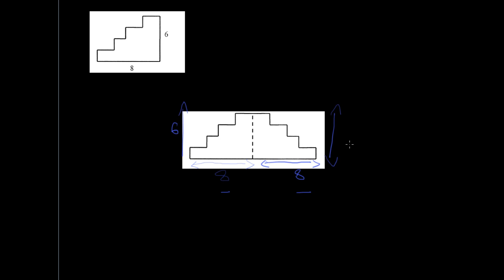Right. Okay, so we worked out these sides as well. How about this side here? Now again, what we have to do is add up this, this, this, and this. These are the small widths of the steps, and we know these are 2 from the previous question.